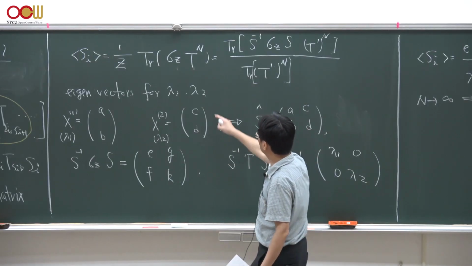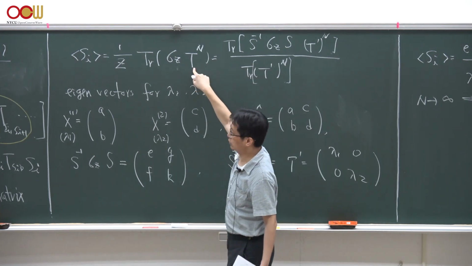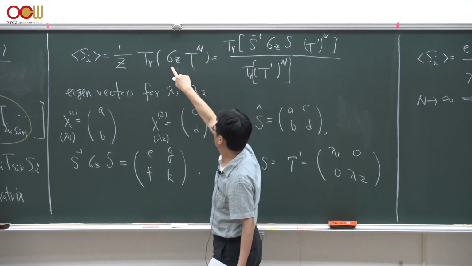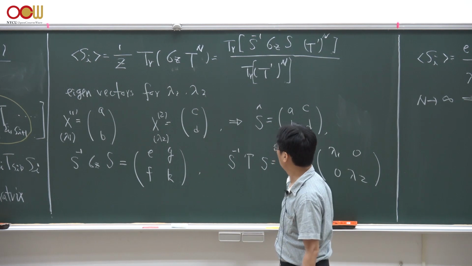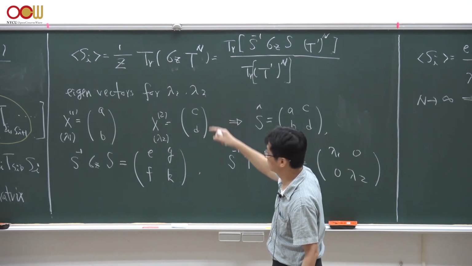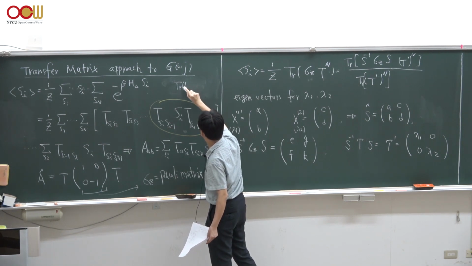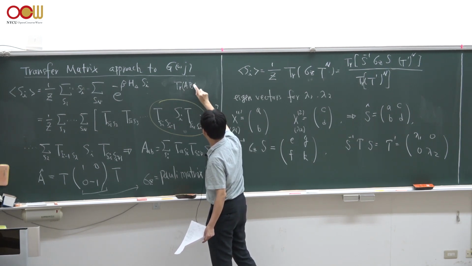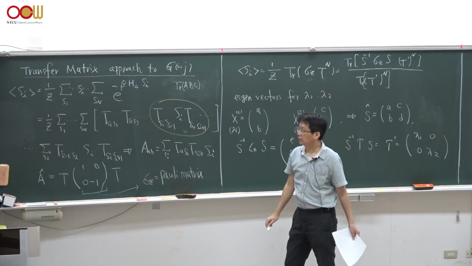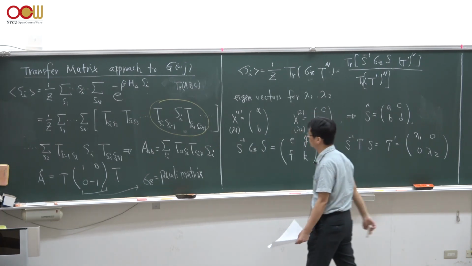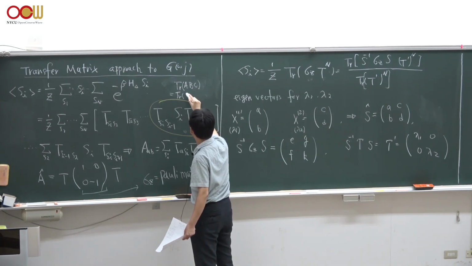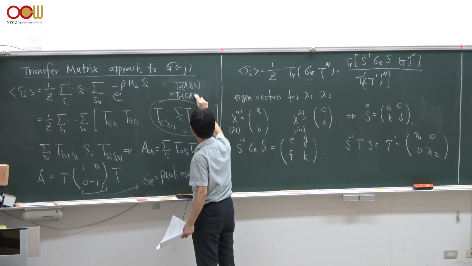So you simply multiply the transfer matrix to the power of n and multiply by sigma z. And when you take the trace, the ordering of the matrix products doesn't matter. For example, the trace of the three matrices A times B times C is the same as C times A times B, and so on.